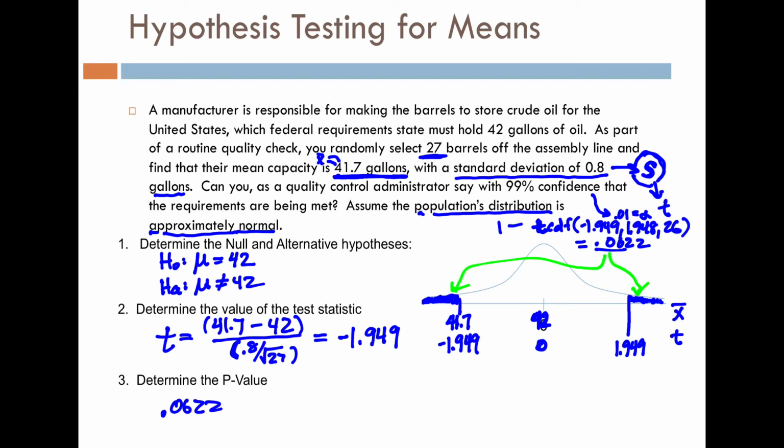So about 6.22%. And in comparison to my significance level, alpha, we want to be 99% confident, so my significance level is at 1%. We can see this is greater than 1%, and that does not bode well for the researcher in this case. We would fail to reject the null.